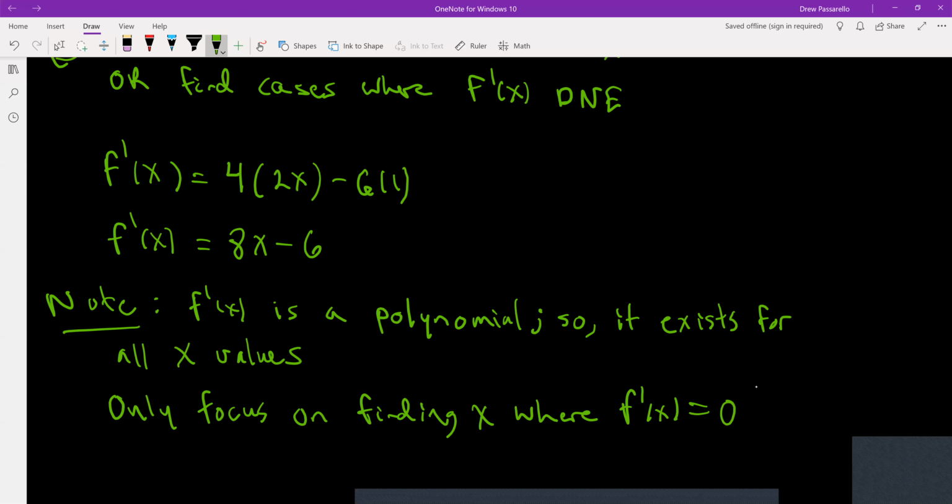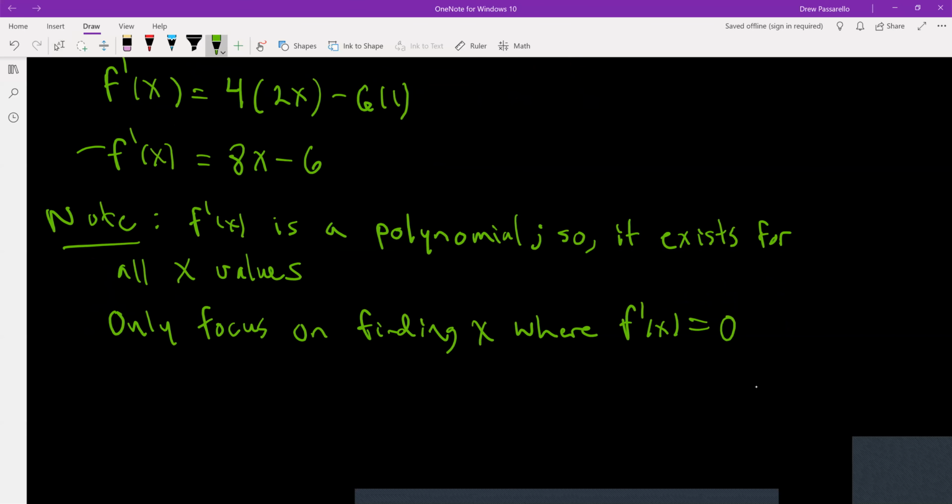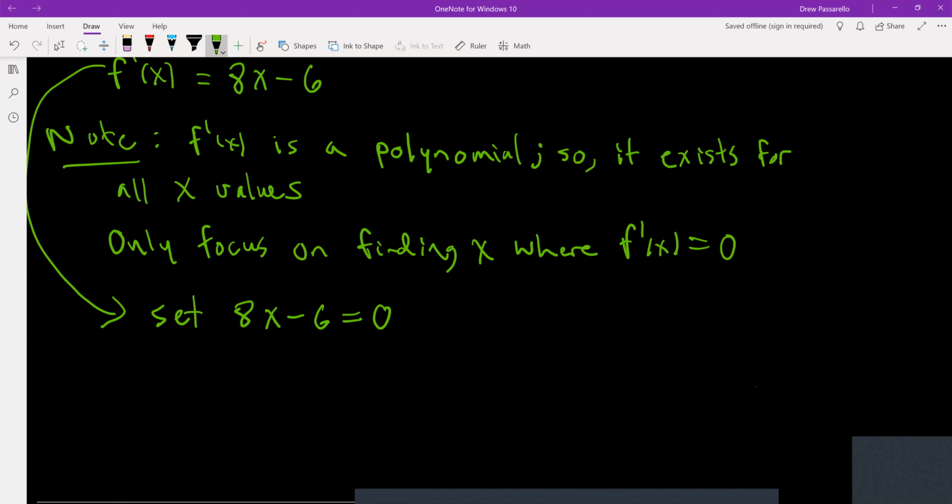All right, so our f prime of x is 8x minus 6. So I set this equal to 0, and solve for x. All right, so we would add 6 to both sides, so you'd have 8x equal to 6. And then you would divide by 8. So then x is equal to 6 over 8, which you would reduce to 3/4.